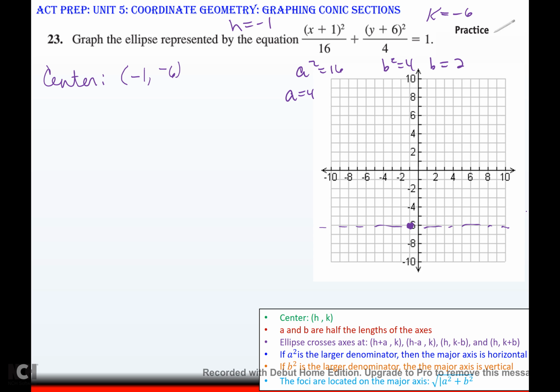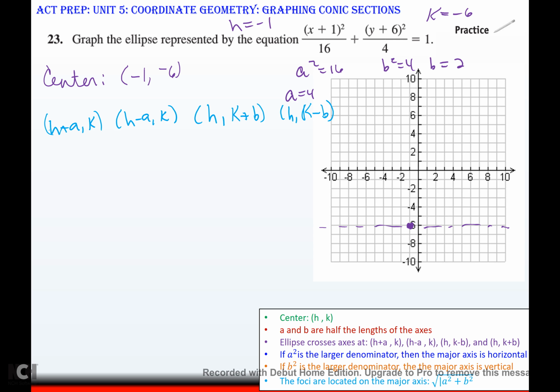Alright, now watch, guys. You've got to get your other points. To graph, you need the other points where it intersects. Well, you can do all the math if you want to: h plus a comma k, h minus a comma k, h comma k plus b, h comma k minus b.